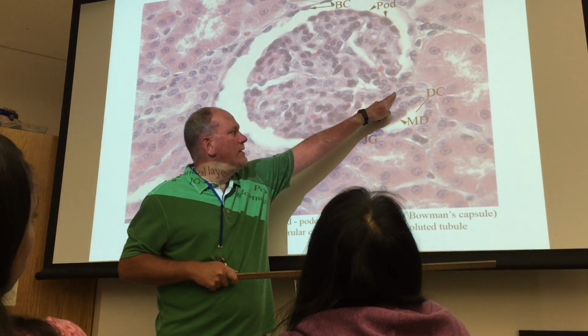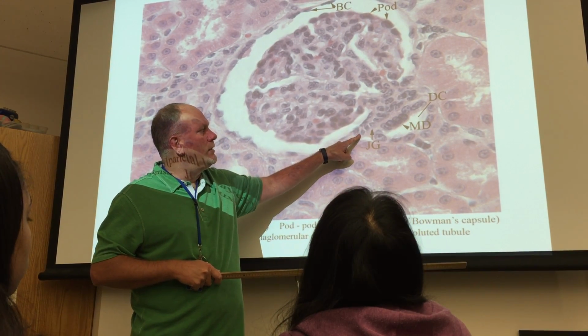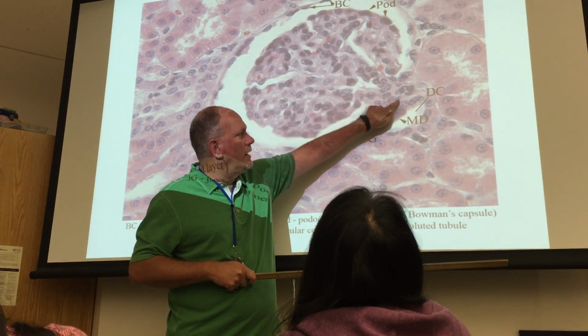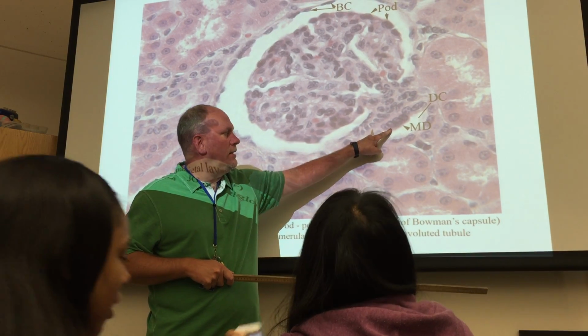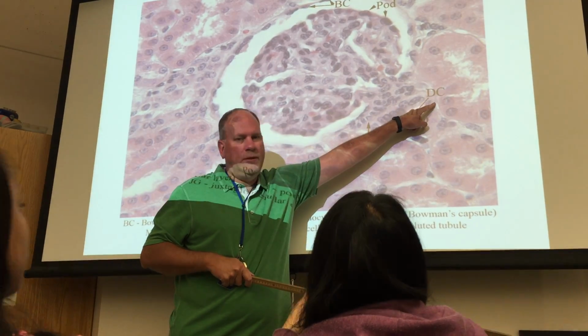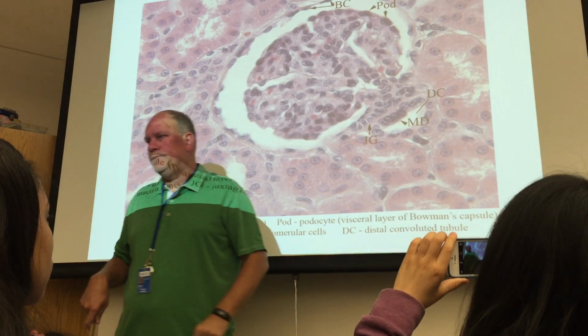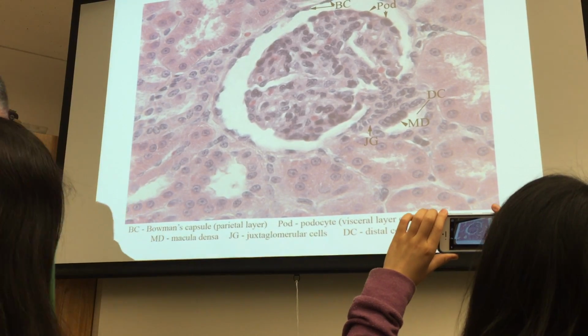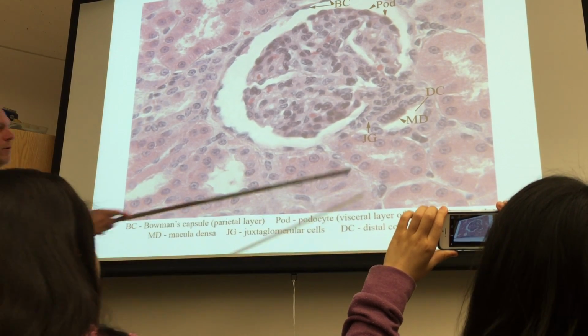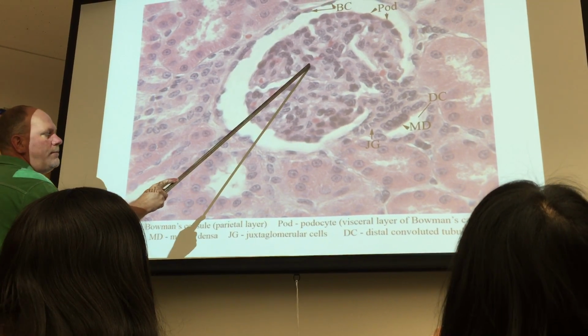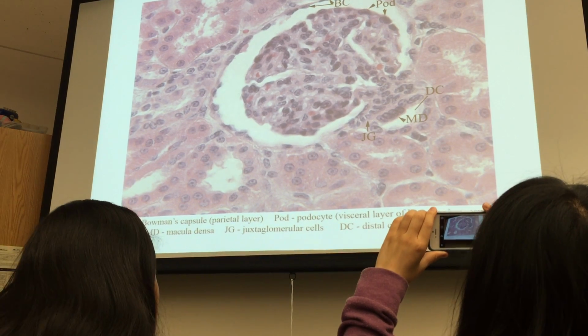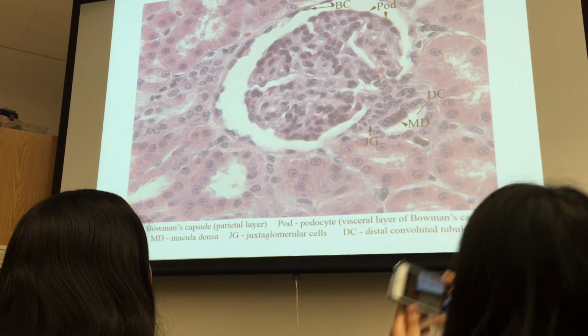You asked on the other slide about JG cells, and they're going to be a fine collection of nuclei right next to the macula densa. That's what DC means: distal convoluted tubule. Fluid type: filtrate, filtrate, and plasma. That's pretty.